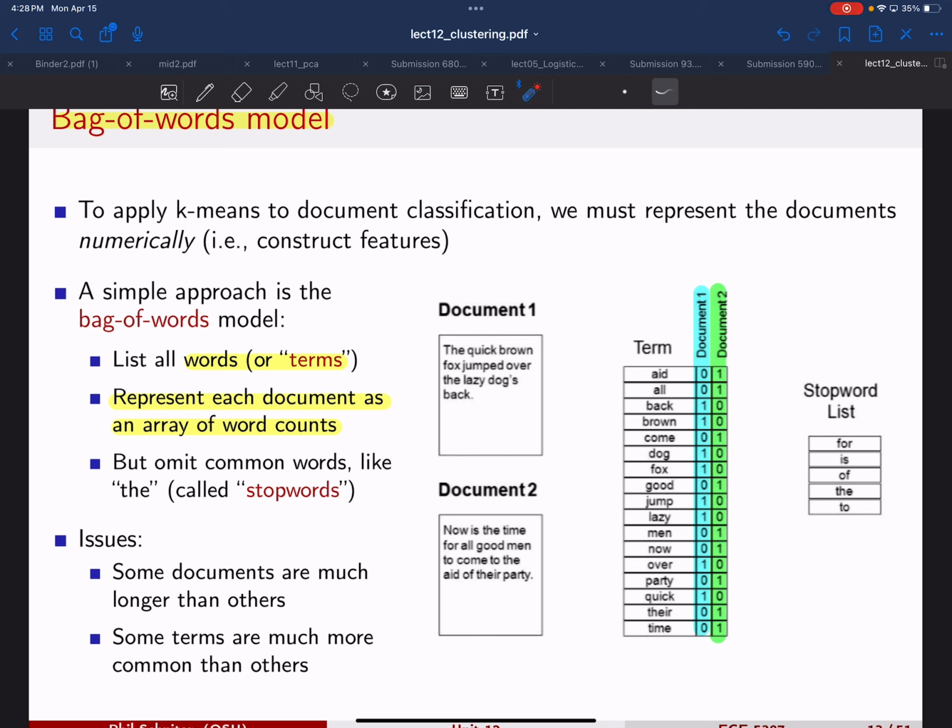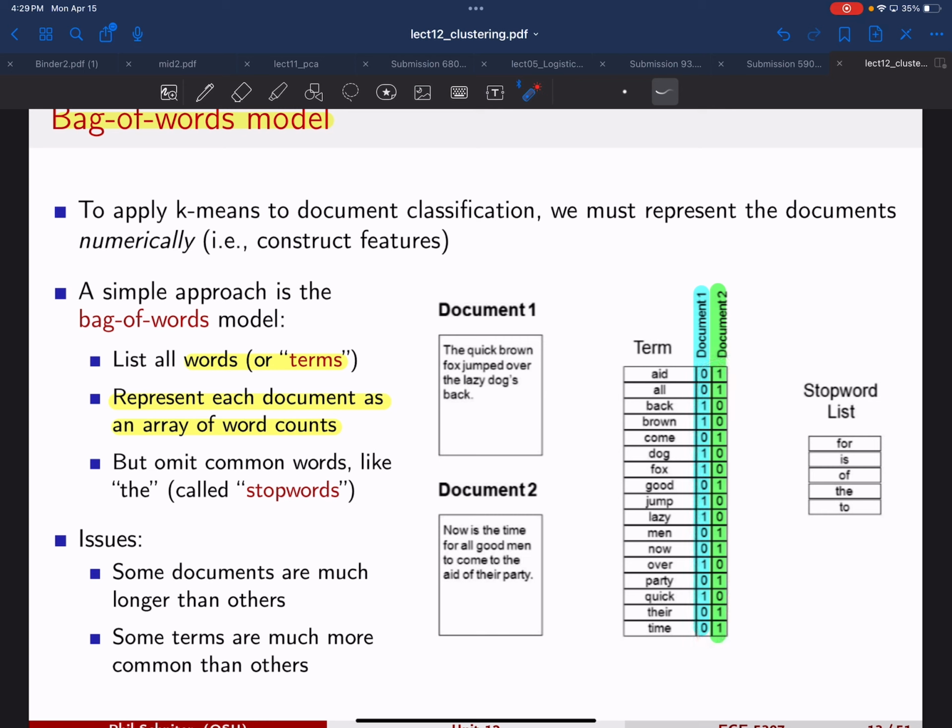Okay, all right, so we still have a couple issues to solve, which is that some of the documents could be much longer than other documents, which makes the vectors difficult to compare.